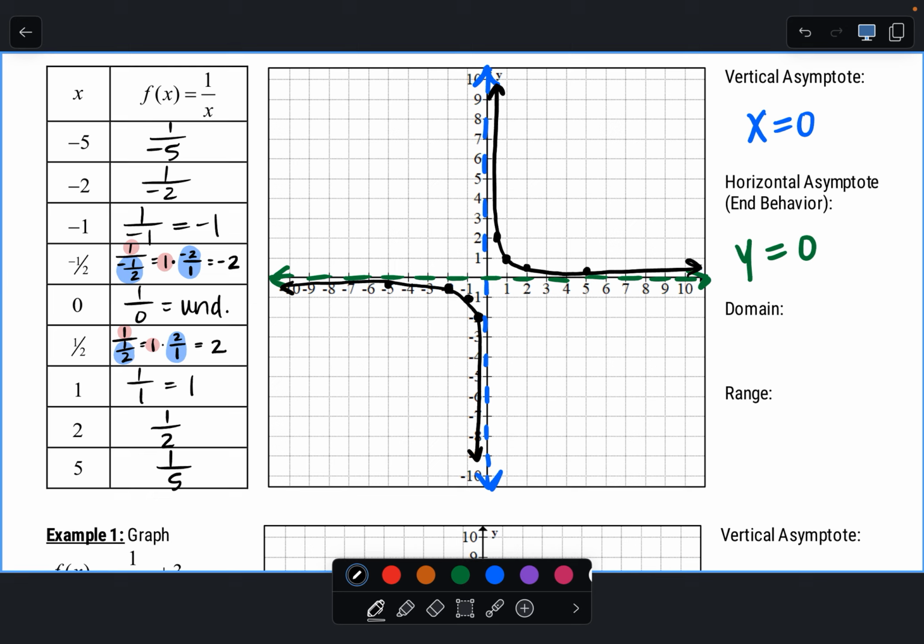Now, there is one transformation that we can just identify, that you don't have to think too much about. We went from 1 to 2, so that's a vertical stretch of 2. But the difficult part is the movement. So when I go down 2, I'm actually at negative 2. When I go up 4, I'm at positive 4. So how do I go from negative 2 to positive 4?